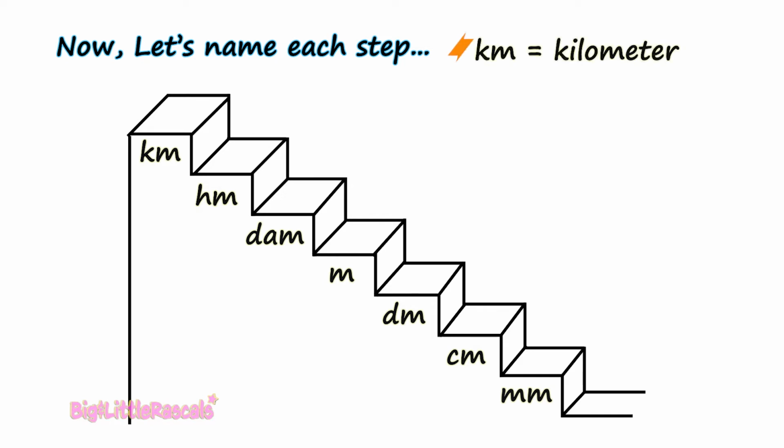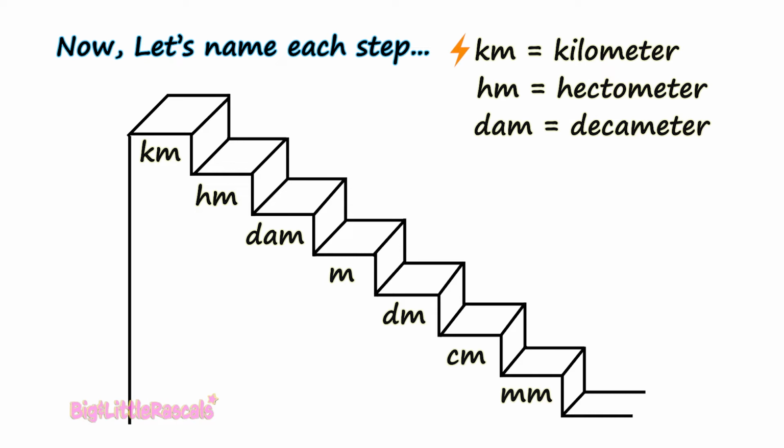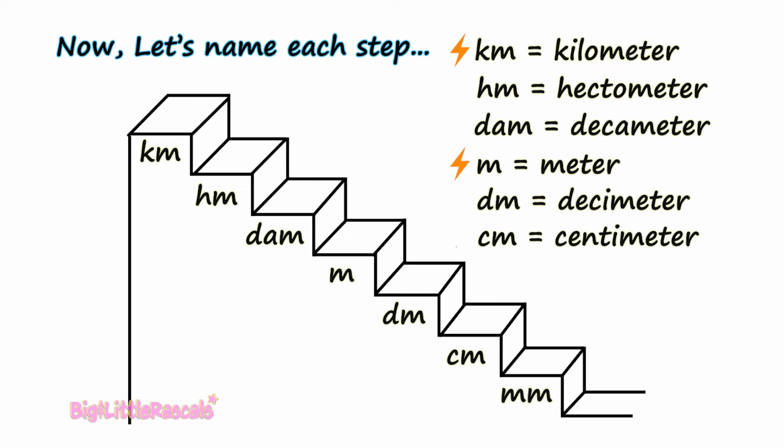Let's name each of the steps. First, km, short form for kilometer. Second, hm, short for hectometer. Third, dam, short for decameter. Fourth, m for meter. Fifth, dm for decimeter.